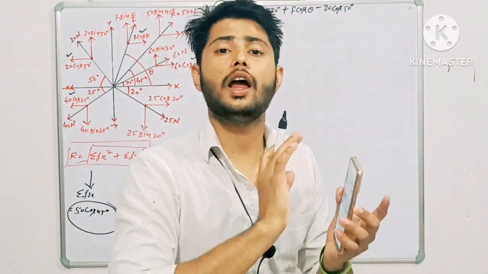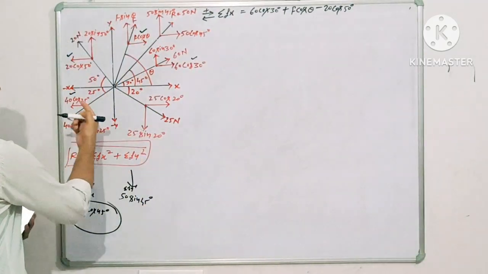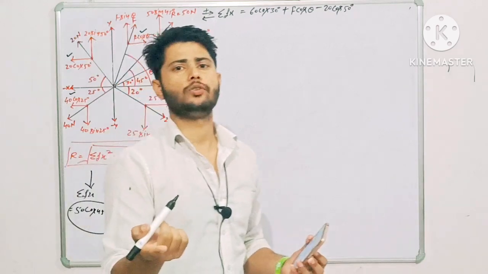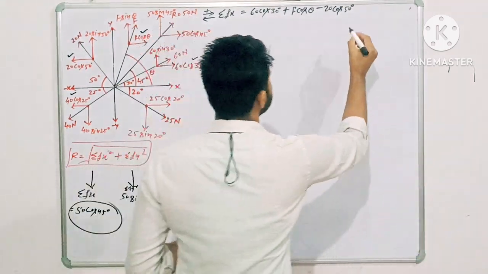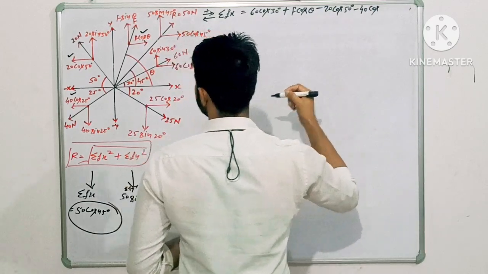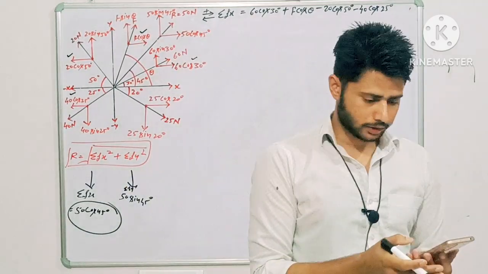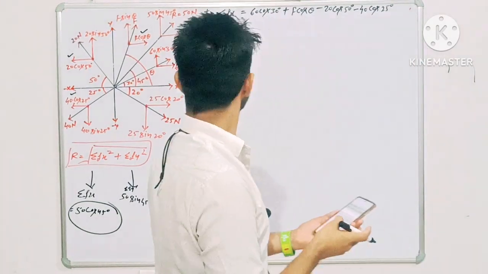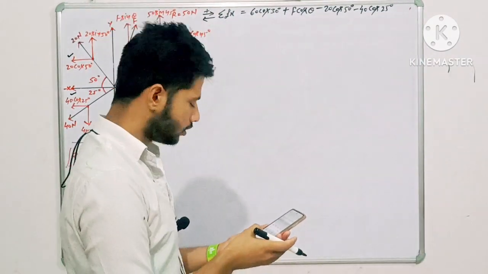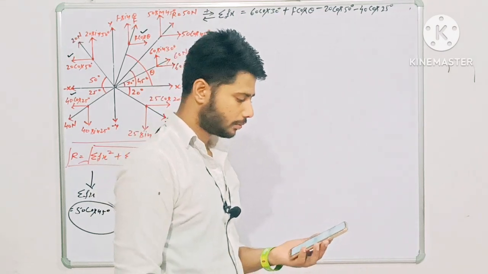You cannot include any vertical force. Remember it. 40 cos 25 degrees is going in the leftward direction, so you have to take it negative: minus 40 cos 25 degrees. I am closing the bracket.